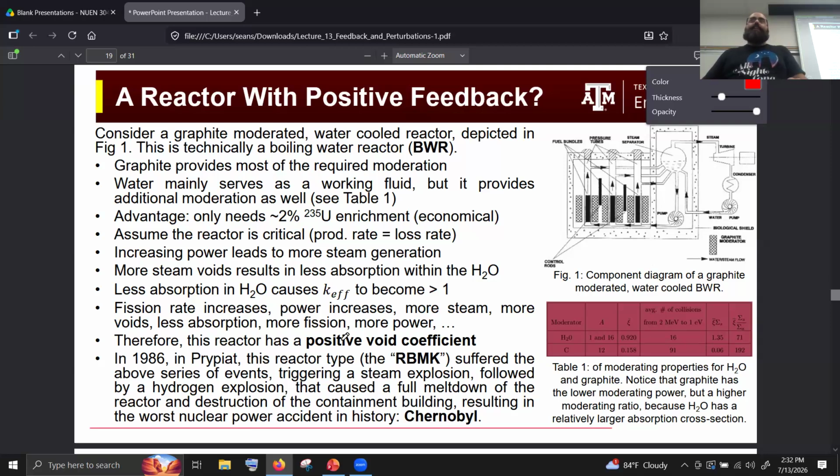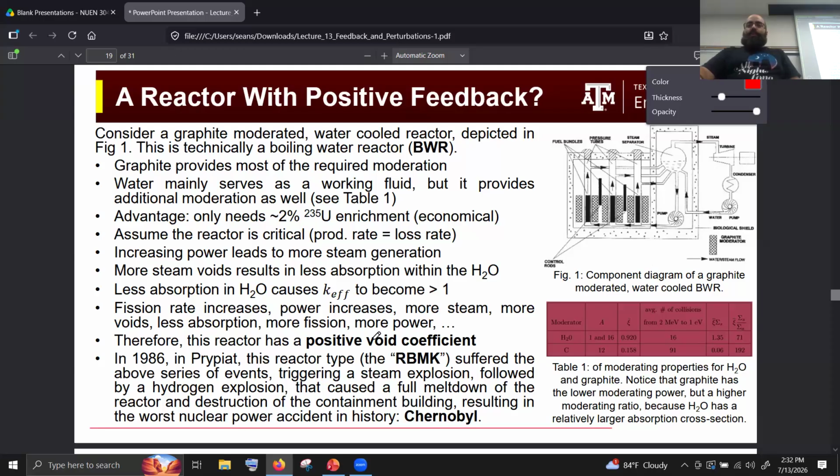And in 1986, in Pripyat, which is modern day Ukraine, this series of events happened. The power increased so much that basically all of the water almost instantaneously flashed into steam, which caused a steam explosion.